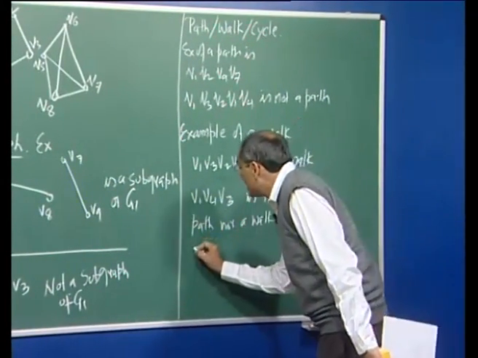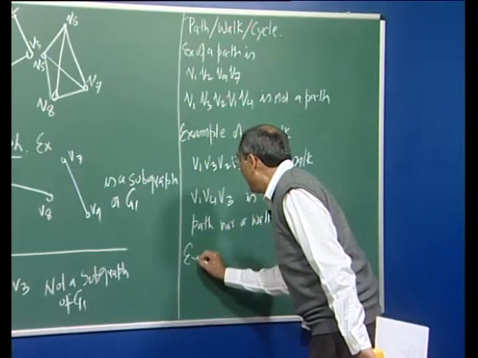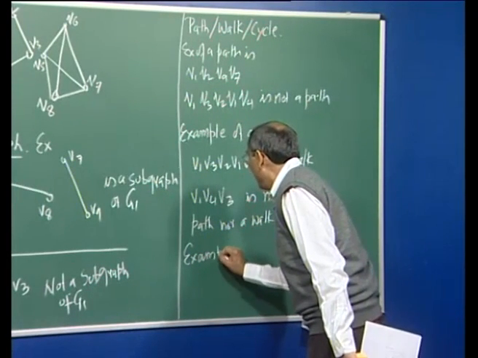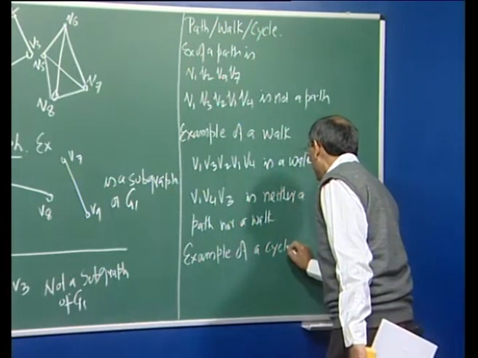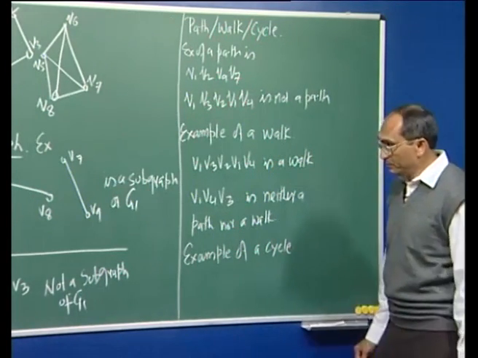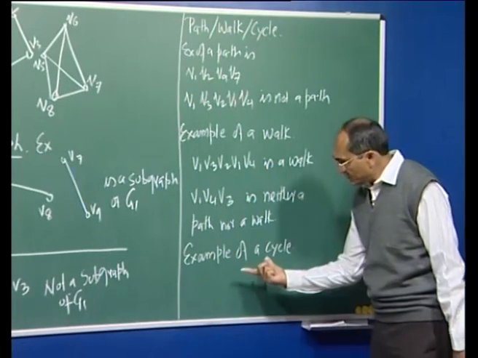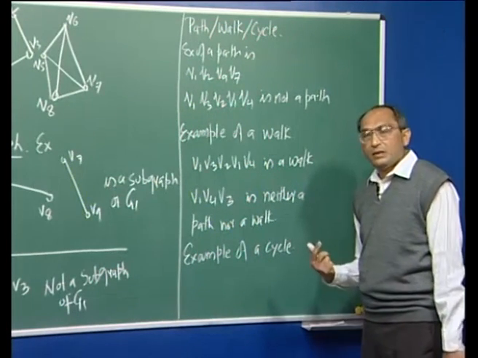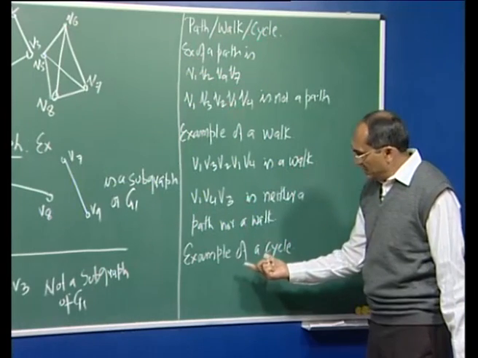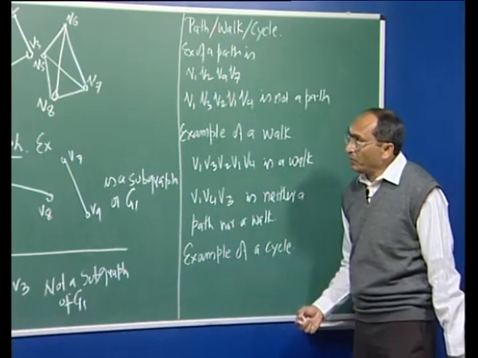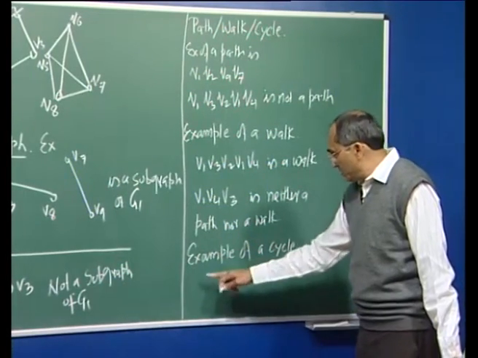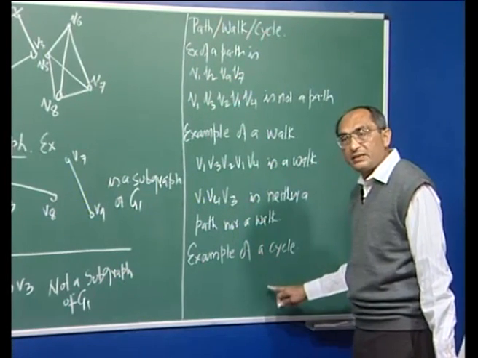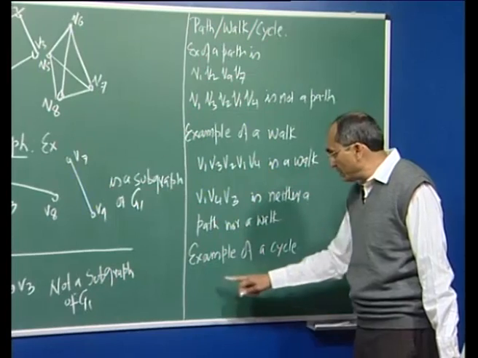The example of a cycle. A cycle is a sequence of vertices where the first and the last vertex is same and no other vertex is repeated.